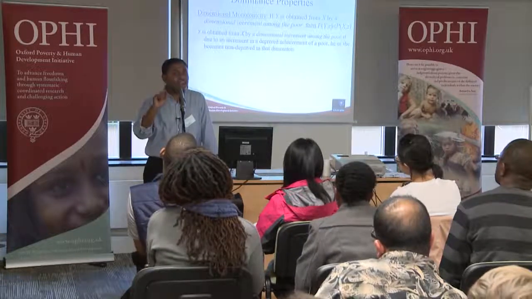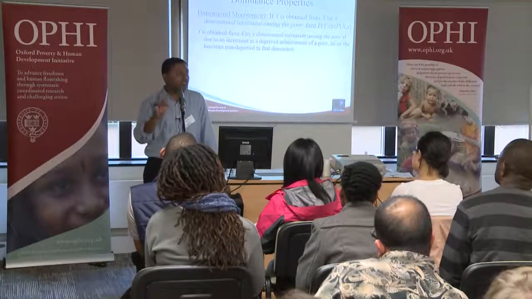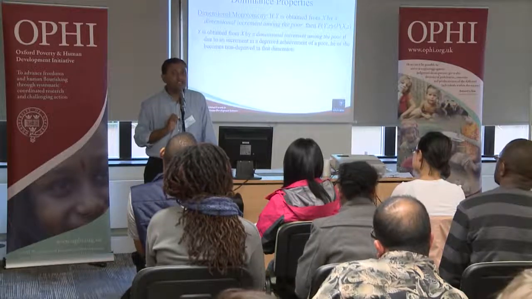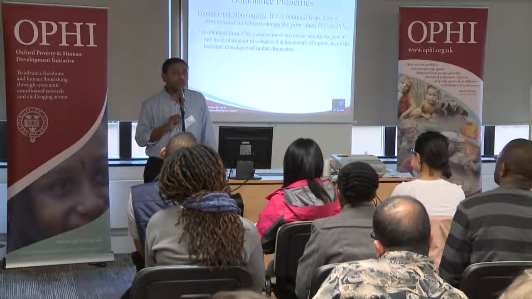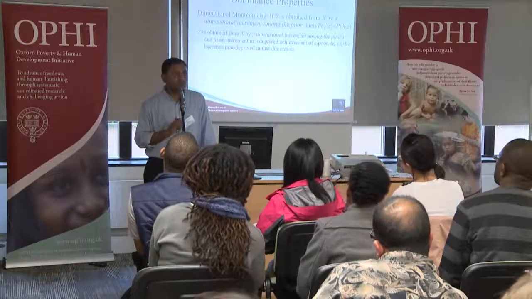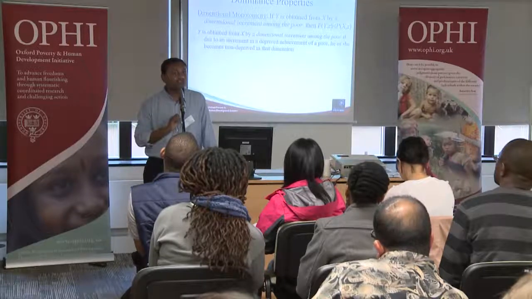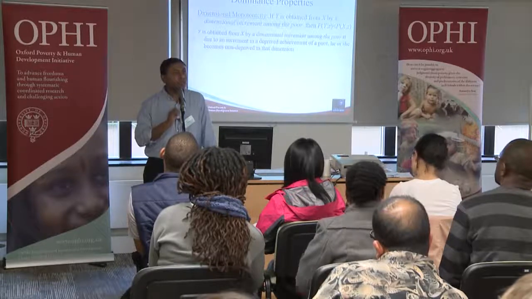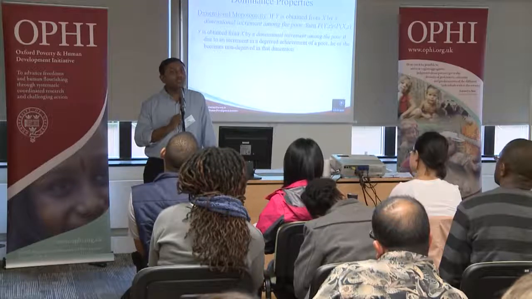Now in that case, if a person becomes deprived in an additional dimension, the headcount ratio does not change. Because a person was poor, and has become deprived in an additional dimension. No change in poverty, right? Dimensional monotonicity says that a particular poverty measure should be sensitive to that kind of transformation. So if you have a poor person being deprived in an additional dimension, then the overall poverty should reflect that by increasing. That's where dimensional monotonicity comes into play.